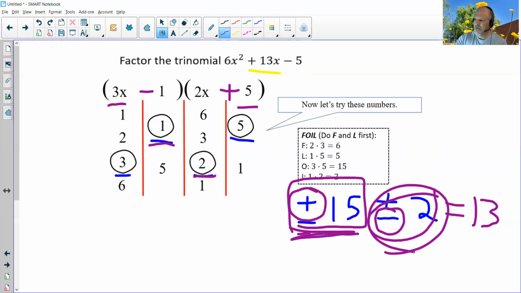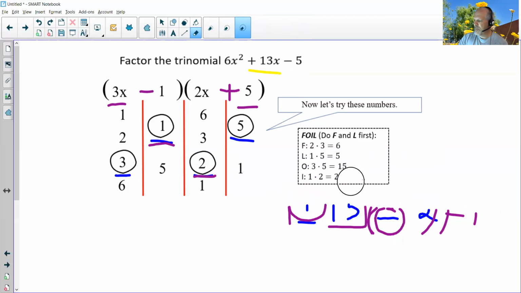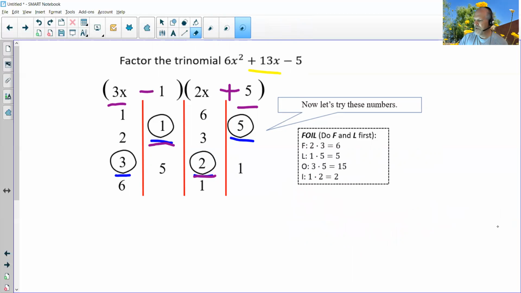So now we have to check by foiling or multiplying the two binomials to see if this works. So I'm going to get rid of my extraneous marks here, and then let's multiply this out.